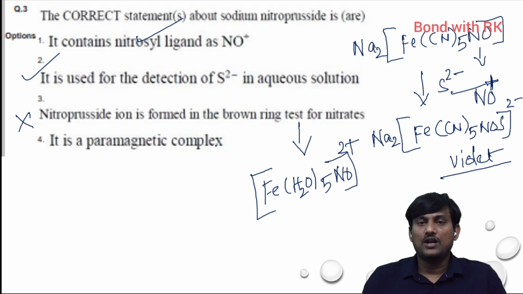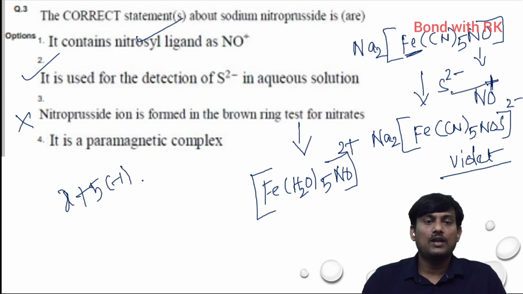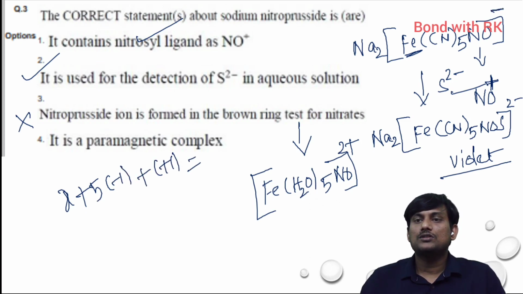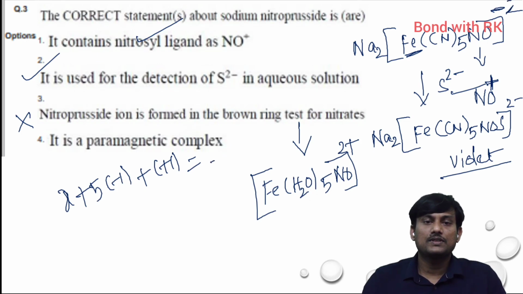It's a paramagnetic complex. Let's take this complex. Let's take the oxidation state of iron as x, and CN5 is 5 times minus 1, and NO+ is plus 1, and the charge on the complex is minus 2, so x is equal to plus 2. So Fe2+, strong field ligand, d6 electronic configuration.